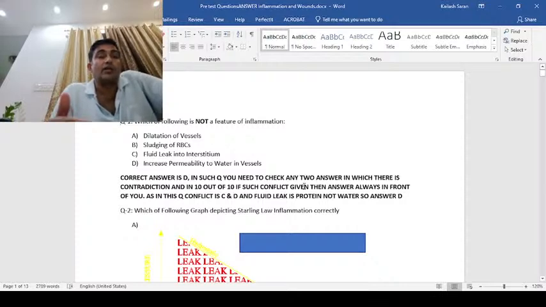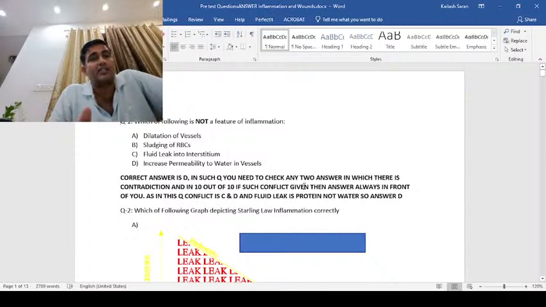So answers C and D are conflicting, and we know that pure water is not coming out in inflammation. What comes out is the proteinaceous exudate. That's why the correct answer is D. Water is not. So this is just an example.